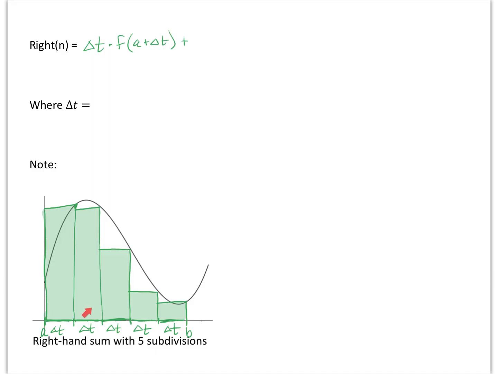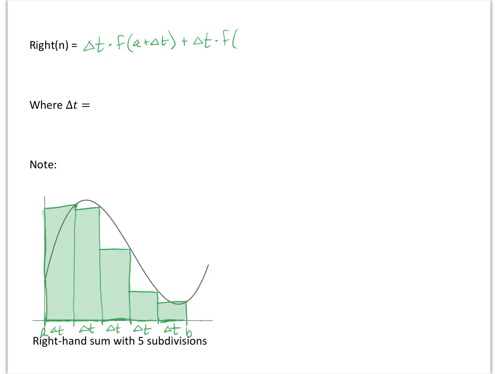Okay, and then my second rectangle, it has a base of delta t, and then its height is determined by the height of the function at the right endpoint. So we go to the right endpoint of that interval, and that is located at a plus delta t plus delta t. So a plus 2 delta t, and we go up to the height of the function at that x value.